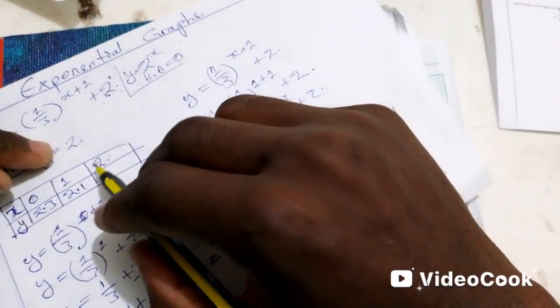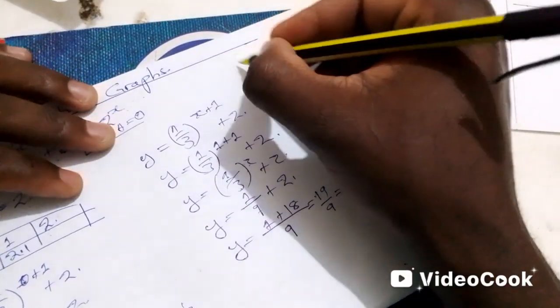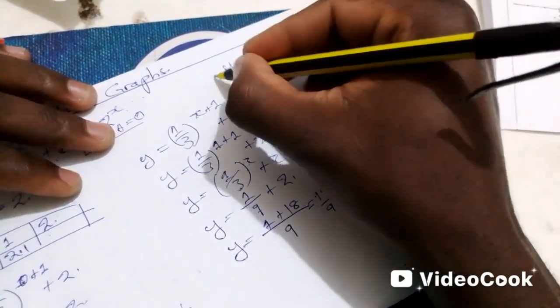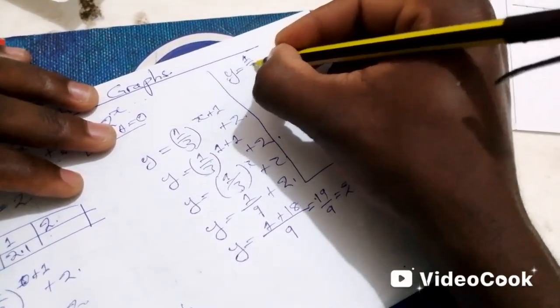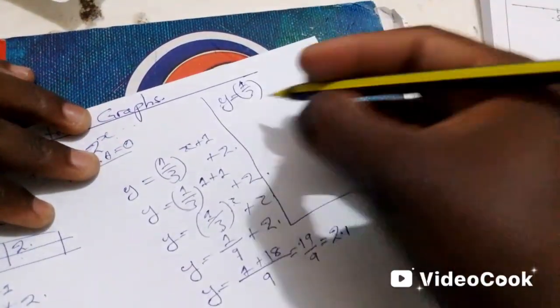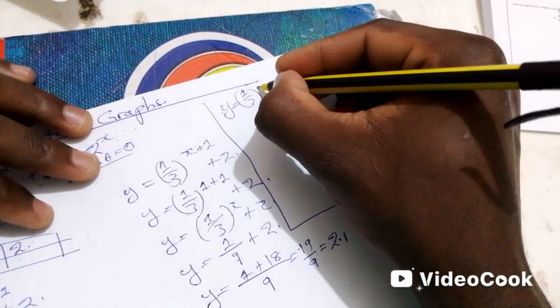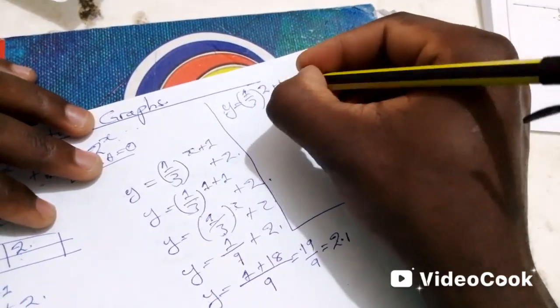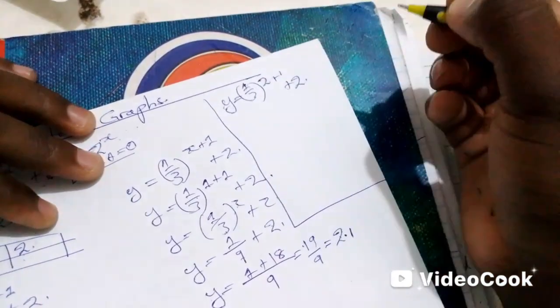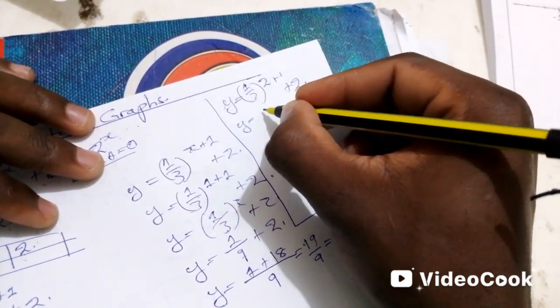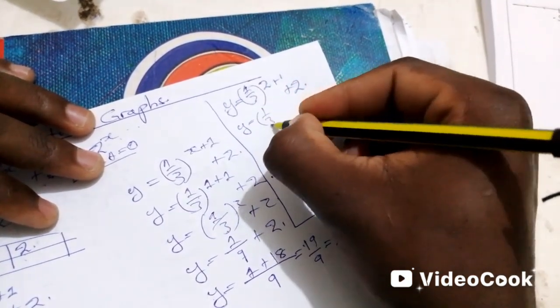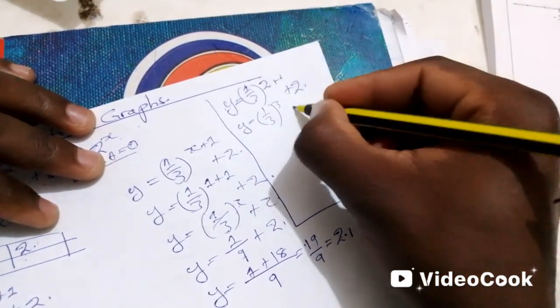The other number we had said was 2. So if our x is 2, y is equal to 1 over 3 to the power of 2 plus 1, plus 2. So here we are going to have 1 over 3 with 3 on top, plus 2.